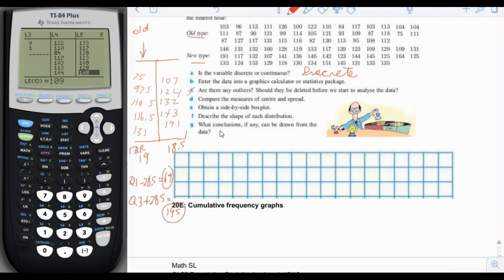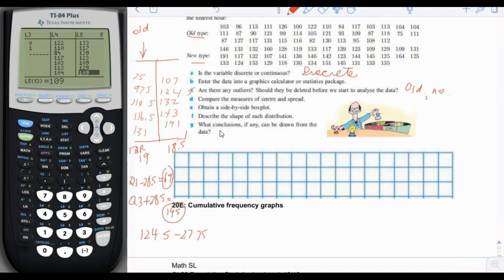Do we have any data less than 69? No, we don't. Do we have any more than 145? No, we don't. So for the old data, there are no outliers. Okay, what about the new data? For the new data, we're going to take the Q1, which is 124.5, and subtract 18.5 times 1.5, which is 27.75.